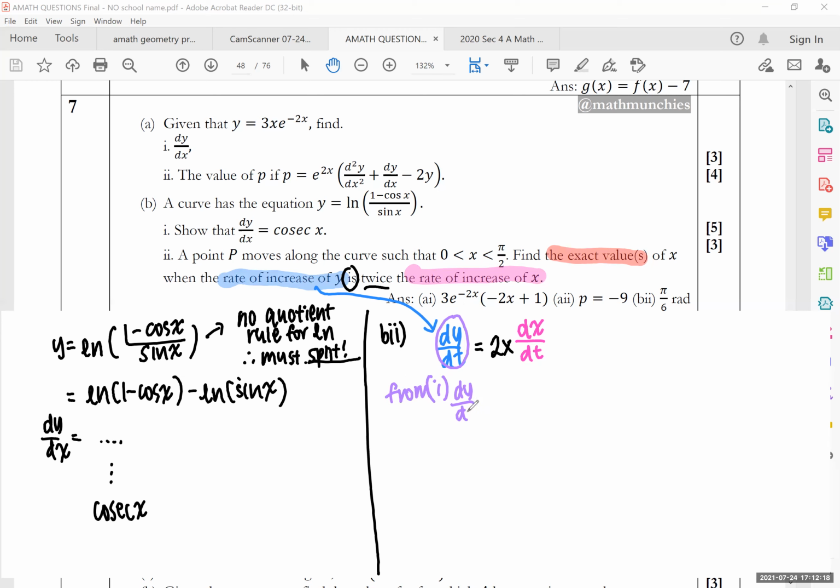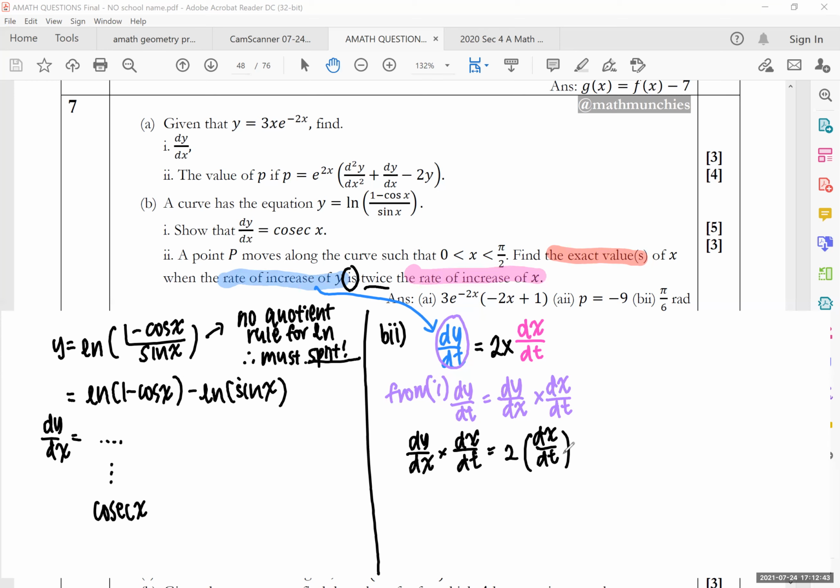I can use what rule? dy/dx times dx/dt. Yes, we can use the chain rule. So right now, I have dy/dx times dx/dt is equal to 2 dx/dt, isn't it?